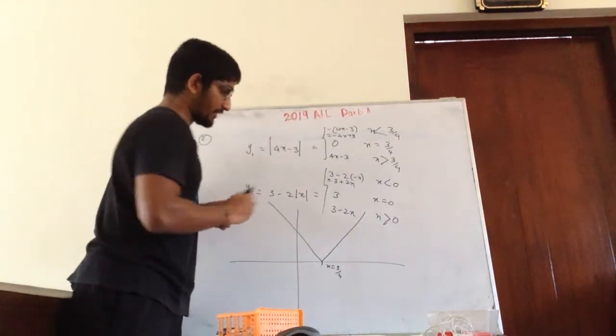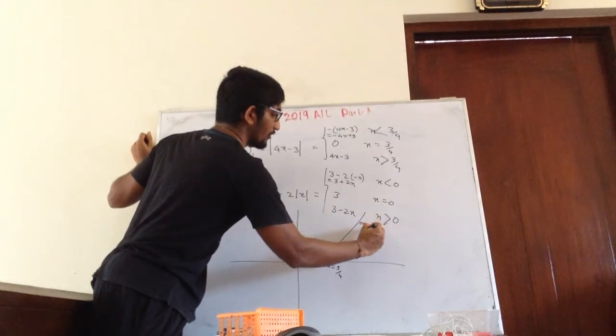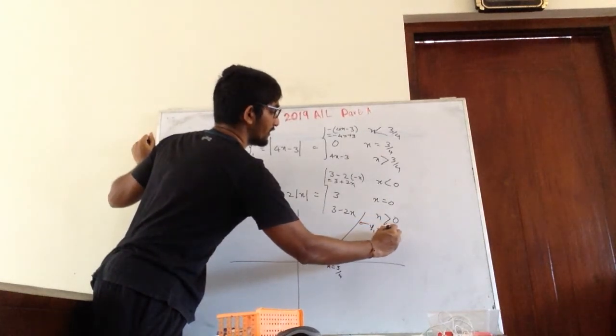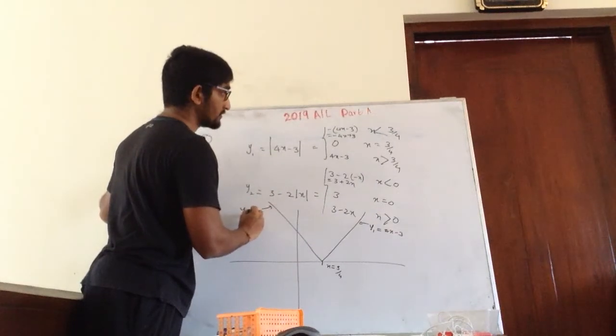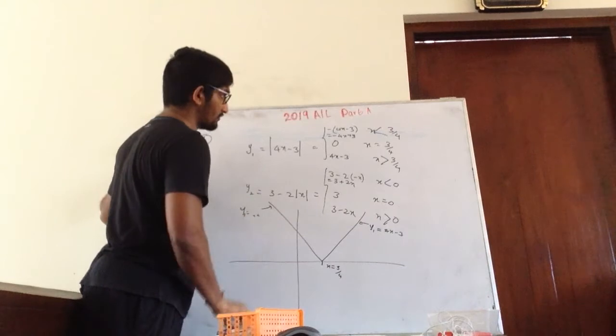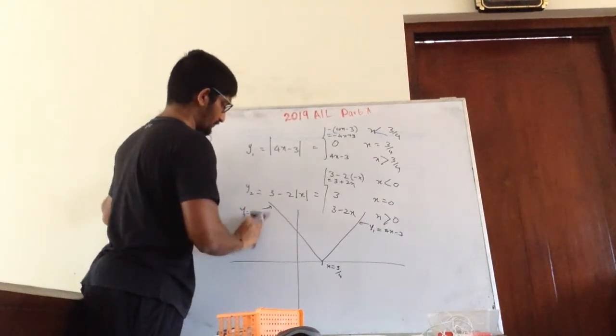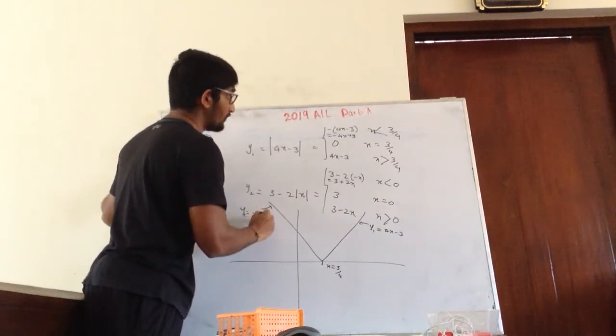Correct? So this part will become y1 equals 4x minus 3. This is y1 equals minus 4x plus 3.